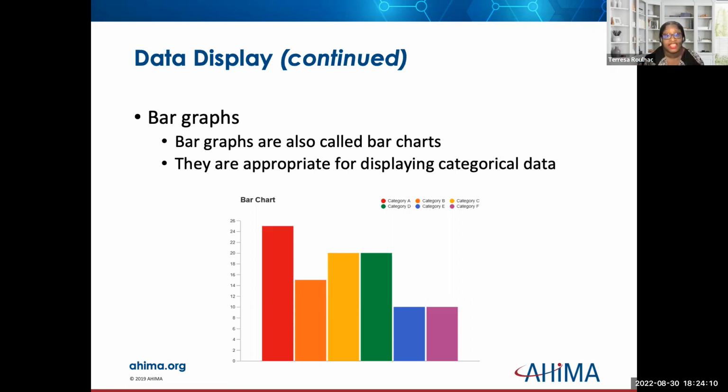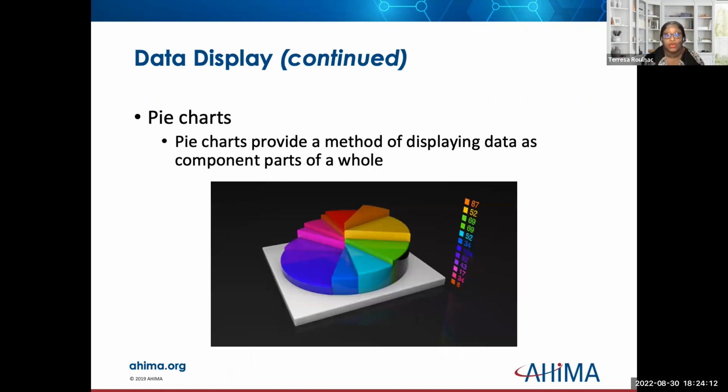When we look at the pie chart, we're talking about a circle divided into sections, like wedges of a slice of pizza. The sizes of the slices of the pie show the proportional contribution of each part. The percentages of the total are going to equal 100. Data does have to be converted to percentages. Pie chart wedges may be shaded or colored, like you see, to help show the different sections.